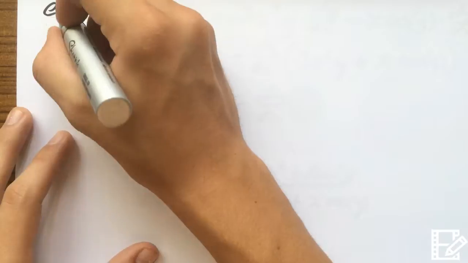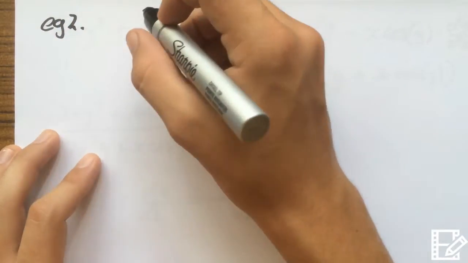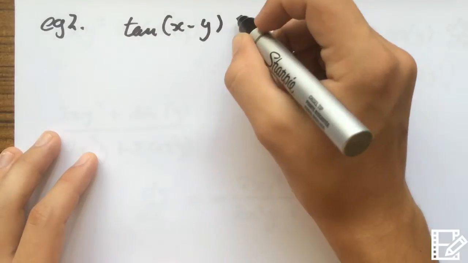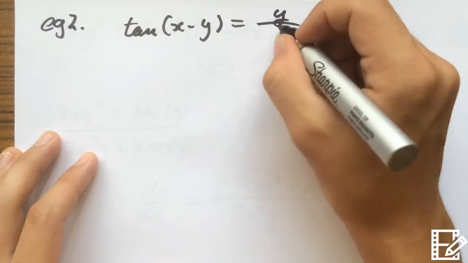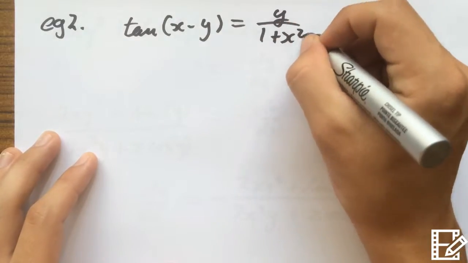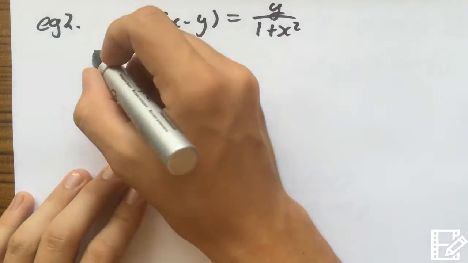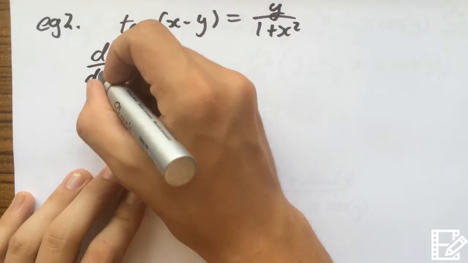Now I will do a second example, which will have tan of x minus y equals y on 1 plus x squared. Okay, just like before, we're going to derive each side.